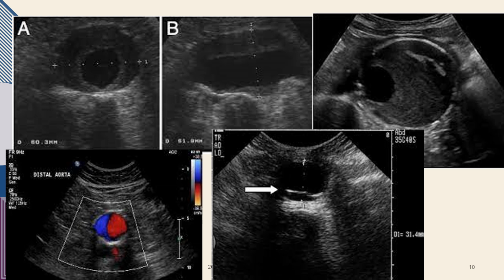So here we see some transverse imaging of the aorta, and actually these are all pretty abnormal images. So what we see here in image A is that this aorta has a diameter of 8 centimeters, which would be highly beyond the cutoff of 3 centimeters that would indicate an aortic aneurysm.